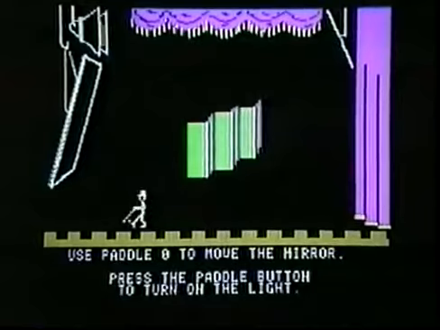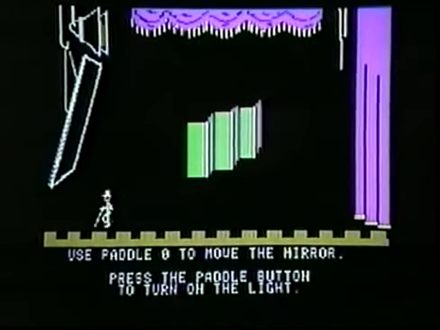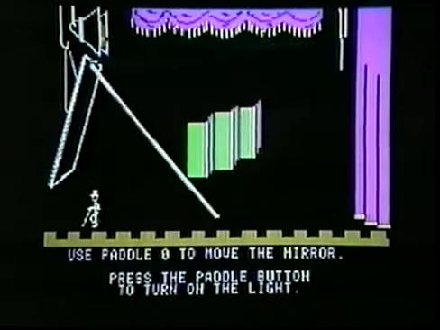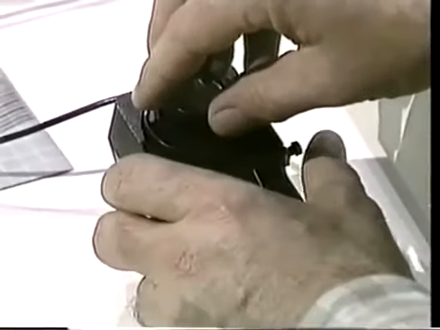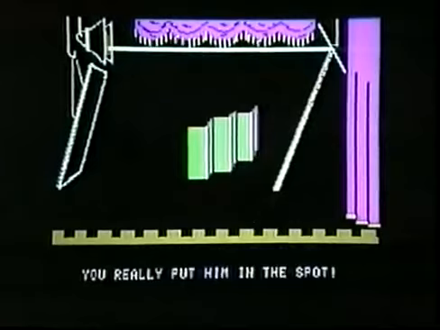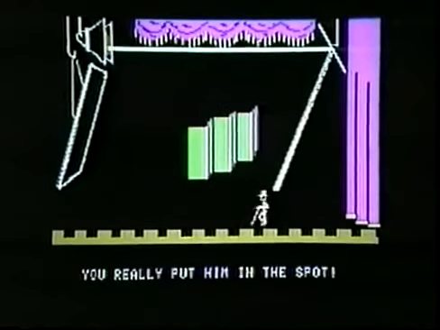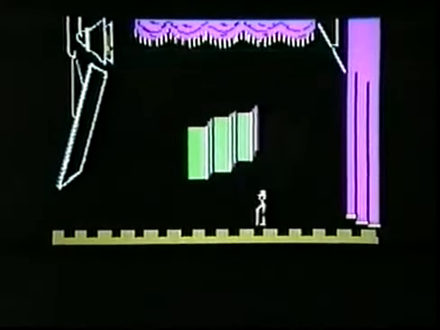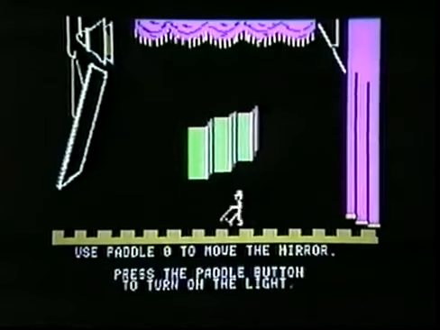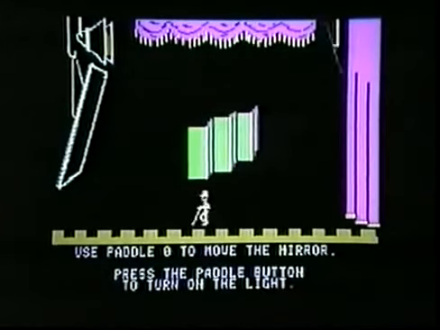Ah, missed him. If you succeed, you get a little reward. He's elusive. But I got him. Isn't he terrific? Okay, now we'll try and get him again.